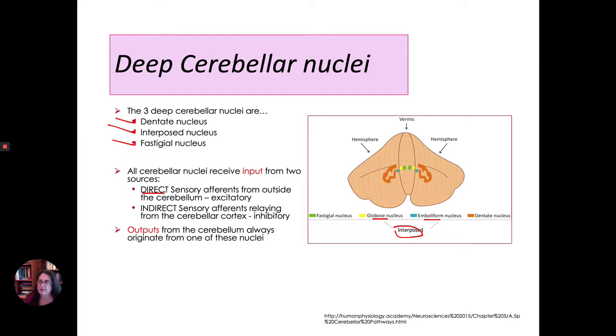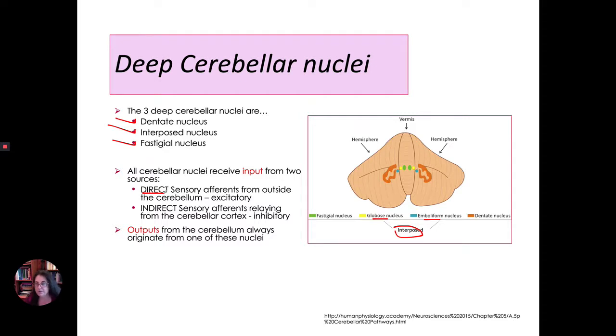And then we'll see that there is an indirect pathway where some of these afferents go somewhere else, mainly the cerebellar cortex, and then find their way back to those deep cerebellar nuclei. And when you take the roundabout route to get back to those deep nuclei, they tend to be inhibitory. And we'll see how that is really important in nuclear and cerebellar function.